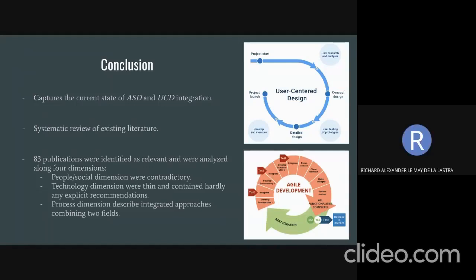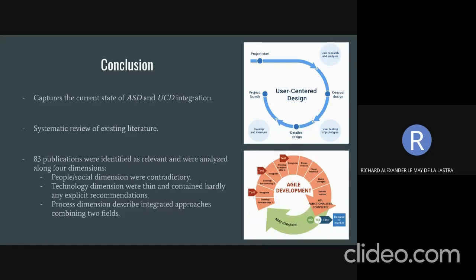In conclusion, this paper captures the current state of ASD and UCD integration and identifies generic principles that constitute an integrated UC-ASD approach. This was done by a systematic review of existing literature, identifying 83 publications, which were analyzed along 4 dimensions, getting these results.